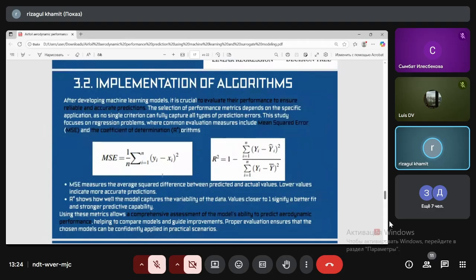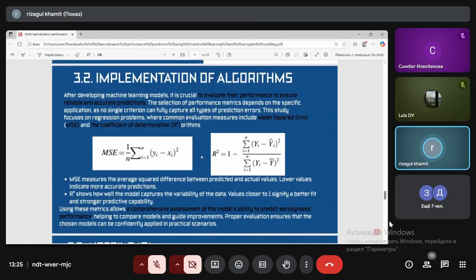As I said, all types of algorithms, and after this, it's important to talk about implementation of these algorithms. It's important to evaluate the performance to ensure reliable and accurate predictions after developing machine learning models. And to define the effectiveness of these algorithms, we have two equations. It's mean squared error, MSE, and the coefficient of determination.